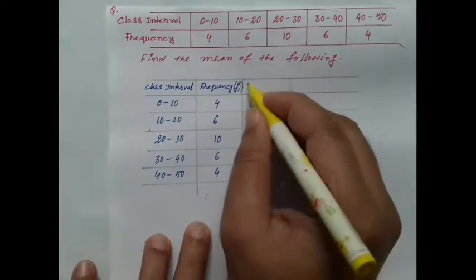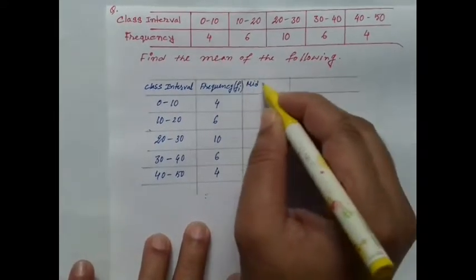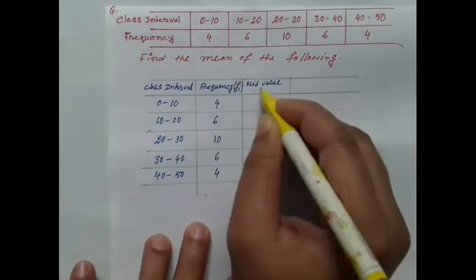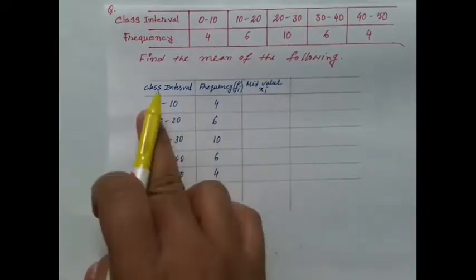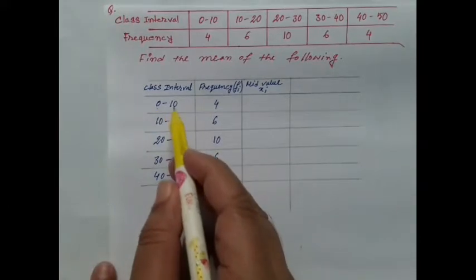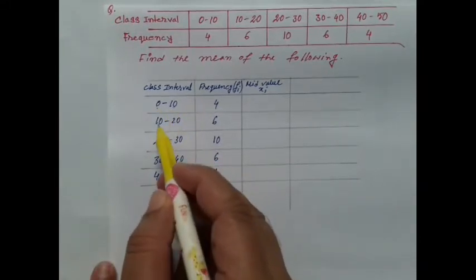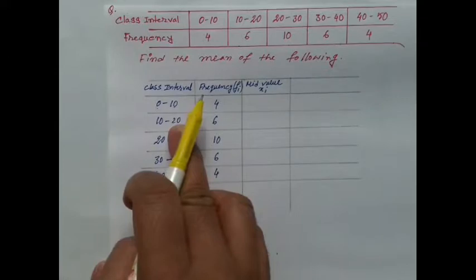Okay, now here we have to get the term mid value. Now we have to denote it by xi. Mid value means this one is called lower limit, and this one is called upper limit. So for 0 and 10, lower limit of this class is 0 and upper limit 10. So how to get mid value?